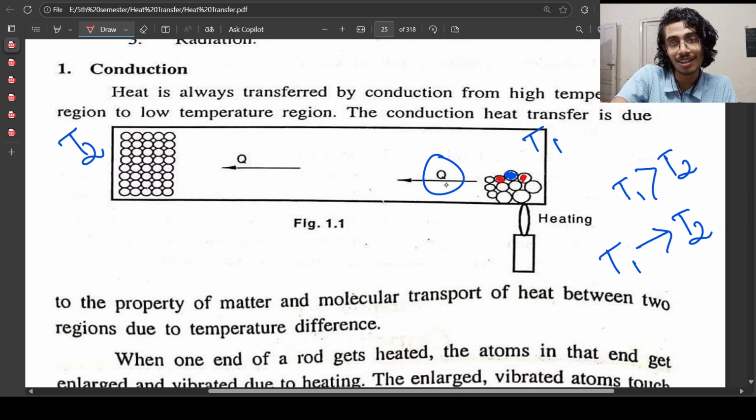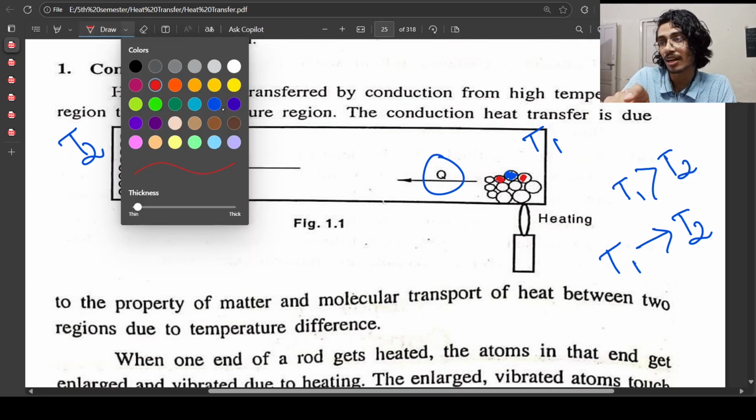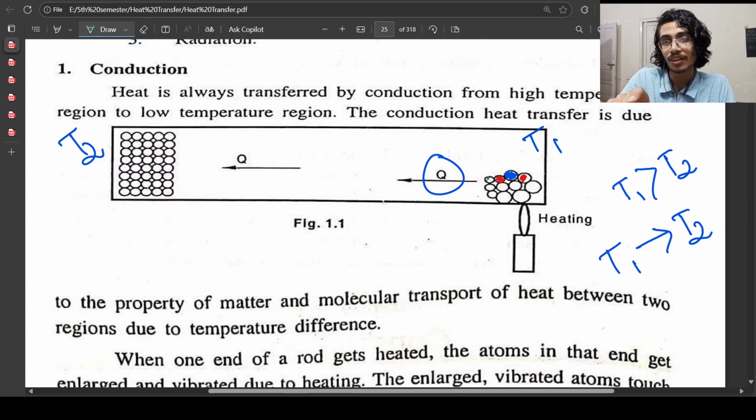From this part, if I want to take another color, the green atom is vibrated like this. The heat is transferred from T1 region to the T2 region. You can understand that, from A region to B region, the heat is transferred like this.